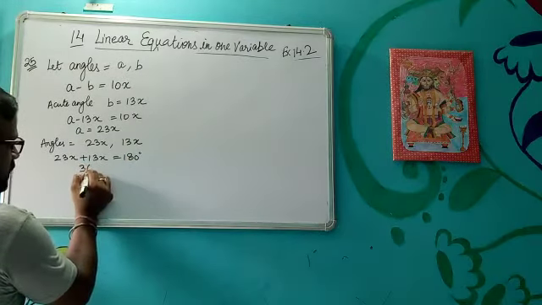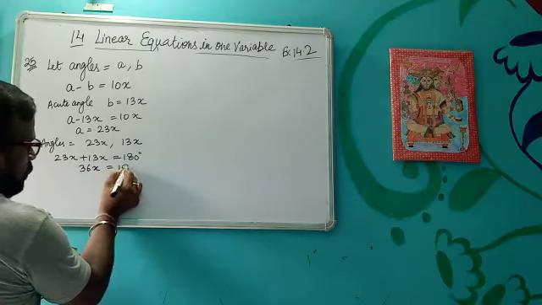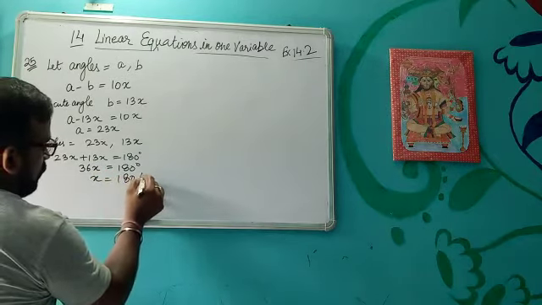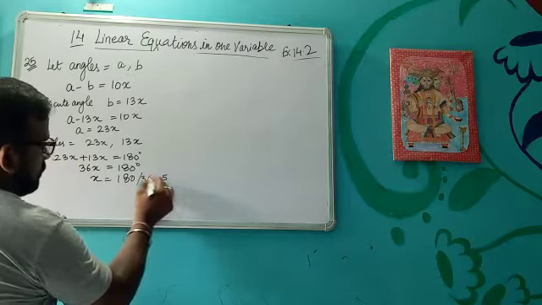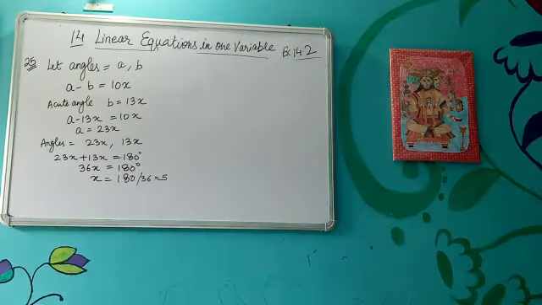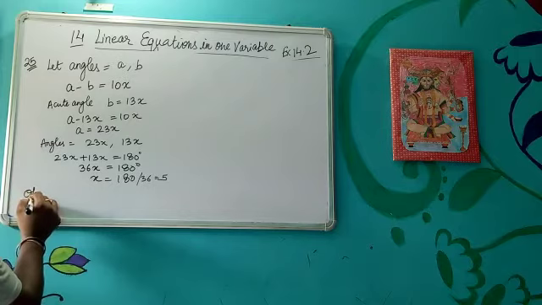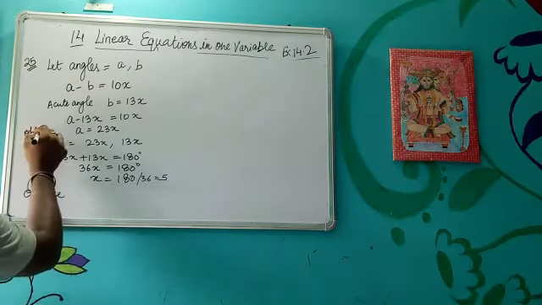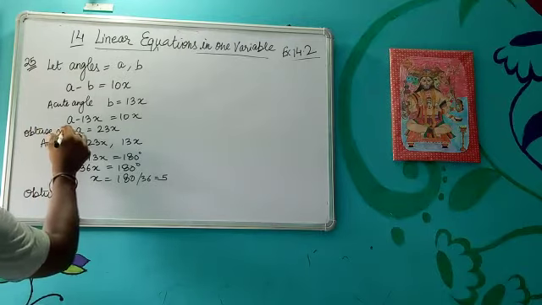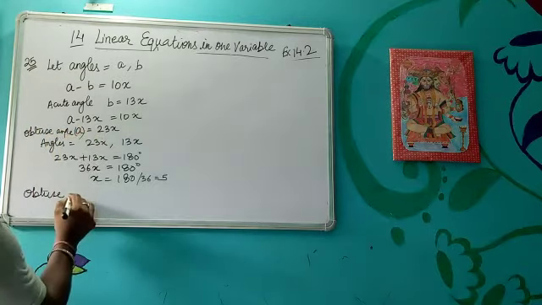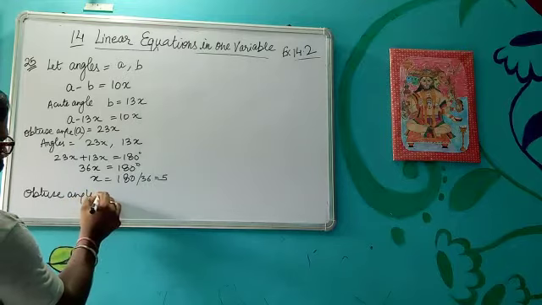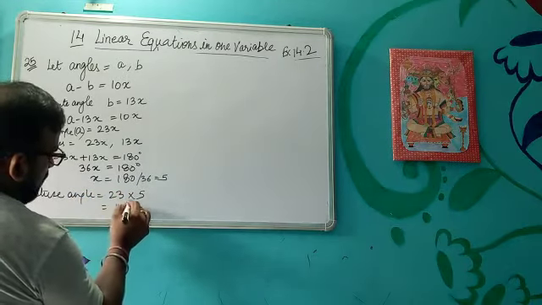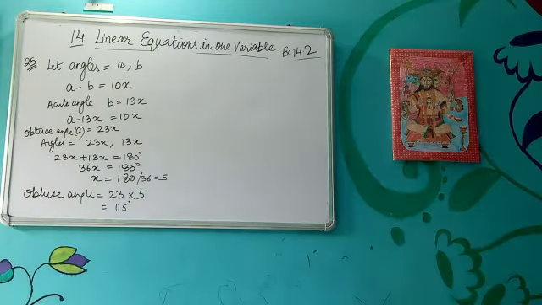Then it becomes 36x equal to 180 degree and x is 180 upon 36, that is 5. So what is our obtuse angle we found? This was our obtuse angle. So it was 23 into 5, that is 115 degree.